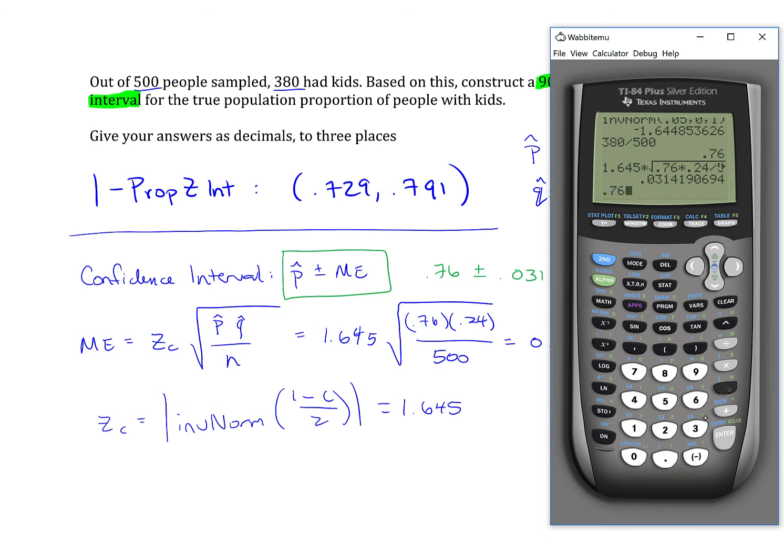If I take 0.76 minus 0.031, and then 0.76 plus 0.031, that gives me the endpoints of my interval, 0.729 and 0.791 respectively. So that's how you would do it through formulas.